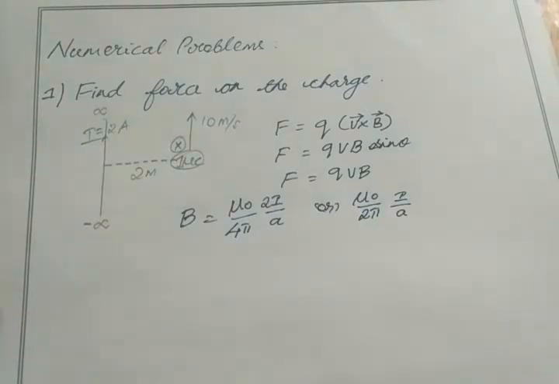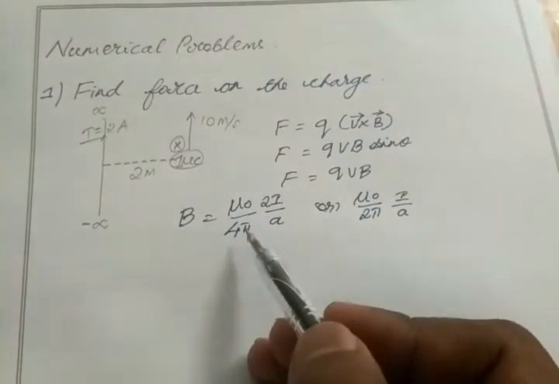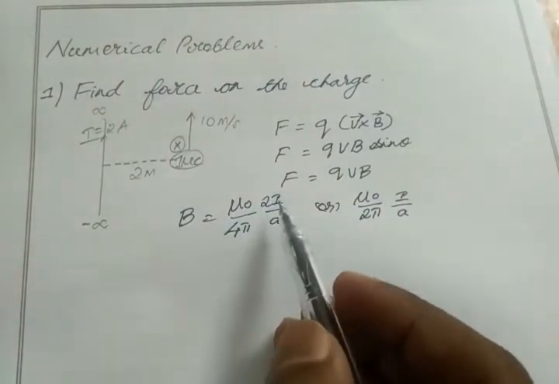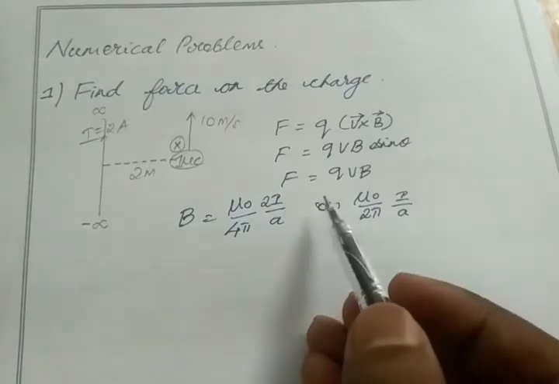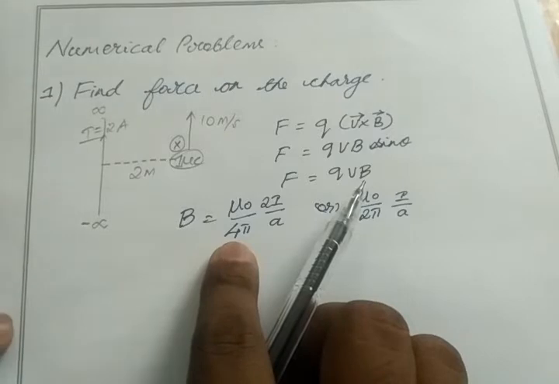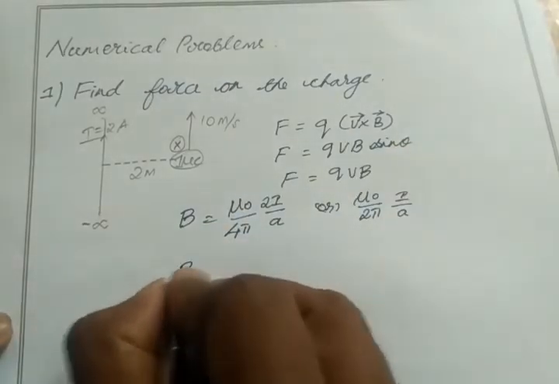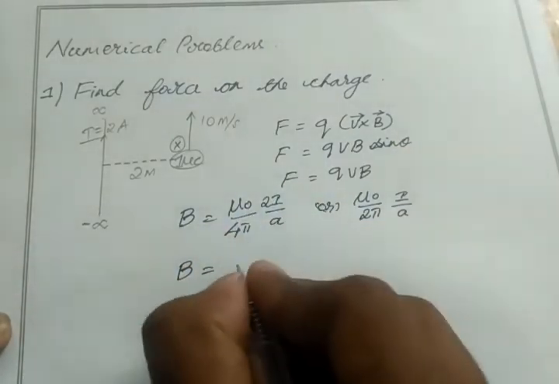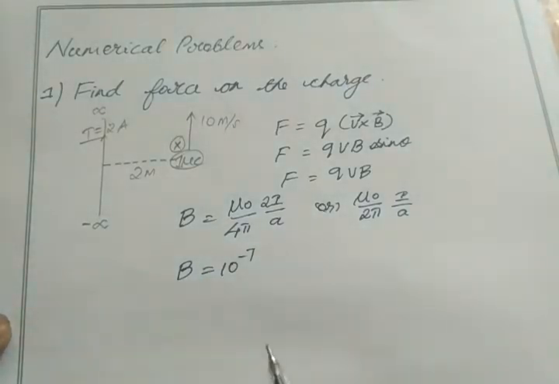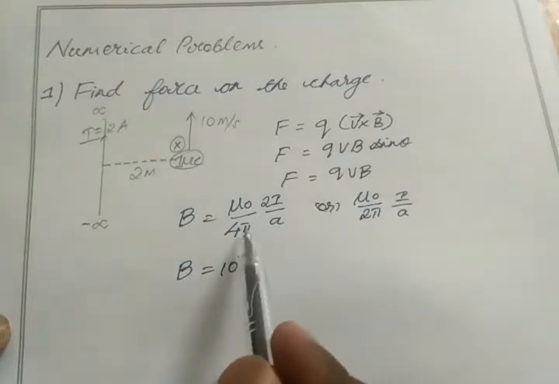If we take mu naught by 4 pi, then we can simply substitute the value of 10 to the power minus 7. Mu naught by 4 pi equals 10 to the power minus 7, so we can use this formula. It will be easy for us. The value of mu naught is 4 pi into 10 power minus 7, so 4 pi is in the denominator.